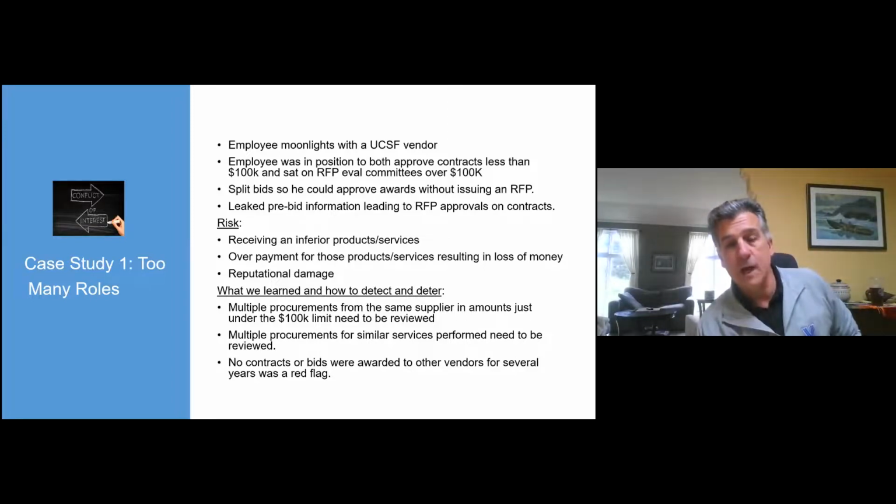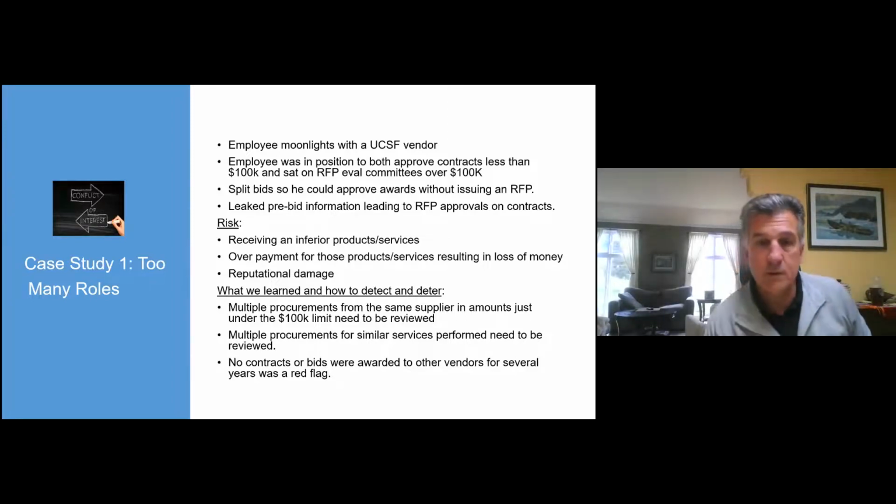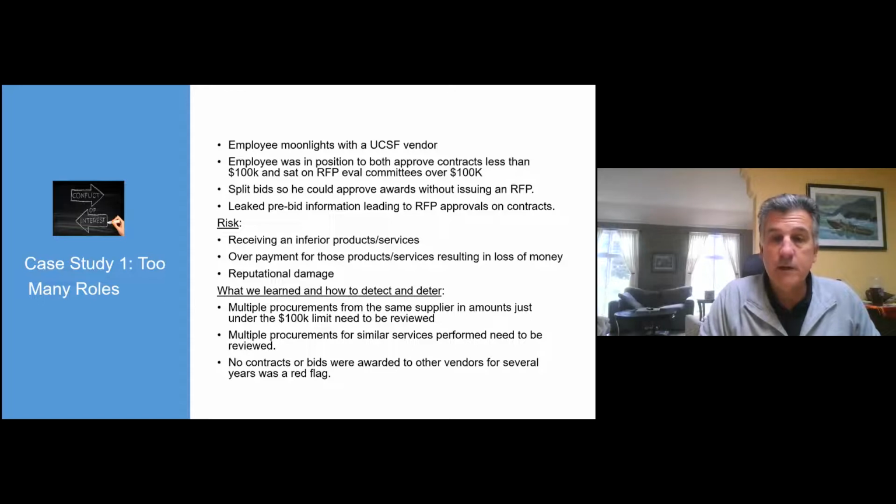What did we learn after this episode? And how can we detect it and deter it? Multiple procurements from the same supplier in amounts just under $100,000 need to be reviewed. Somebody needs to take a deep dive into these and look at why they are so close to that $100,000 limit. Multiple procurements for similar services performed need to be reviewed.